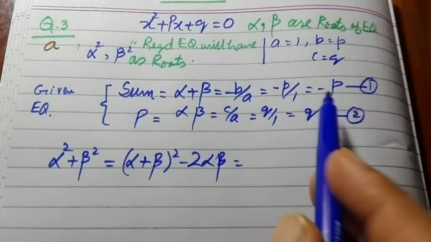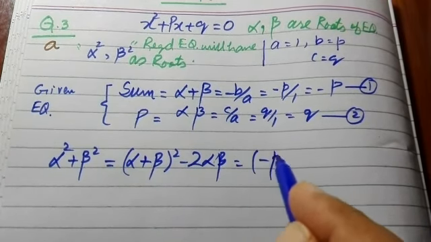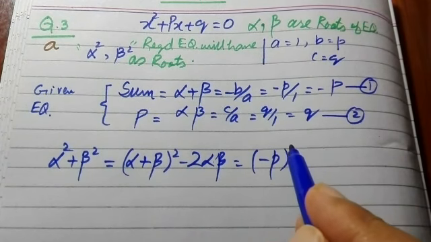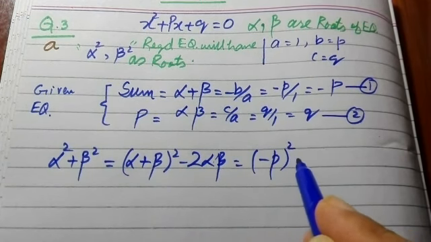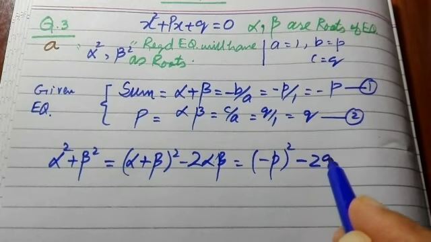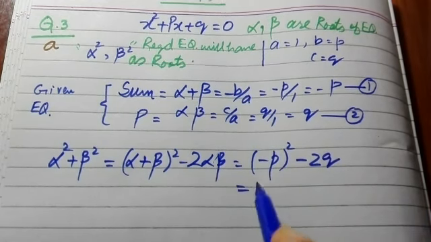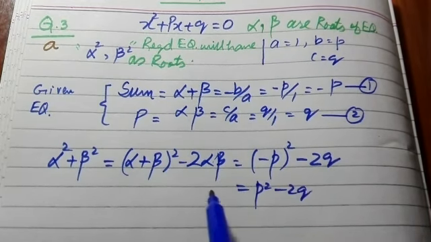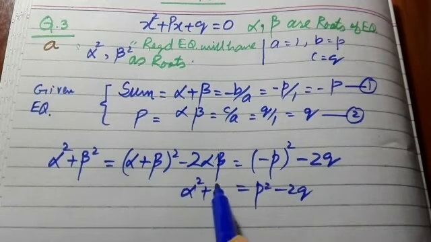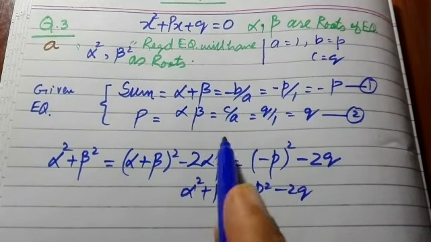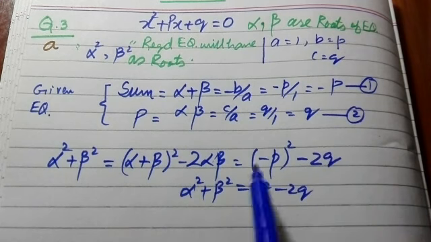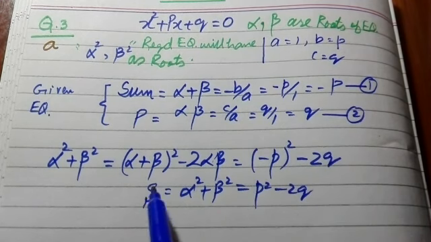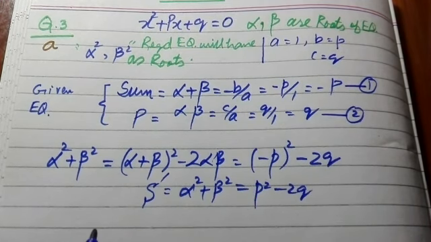We will use the given values: alpha plus beta whole square minus 2 times q. So we already know that alpha square plus beta square is equals to this formula. So we have calculated the sum of roots of the required equation.